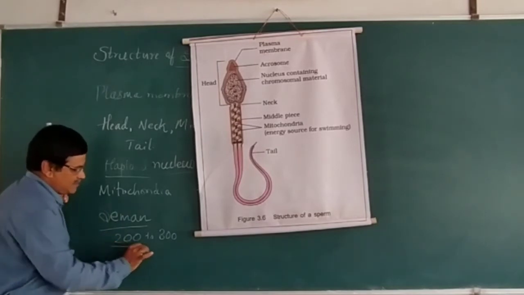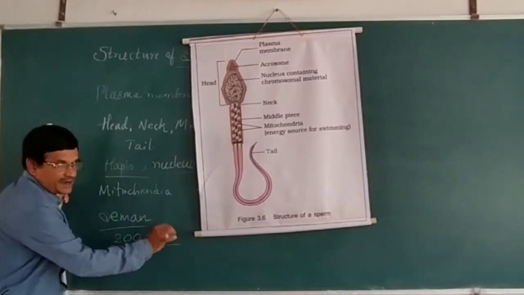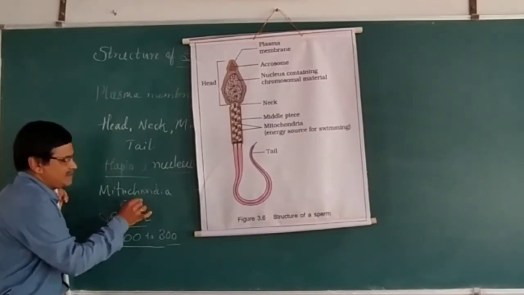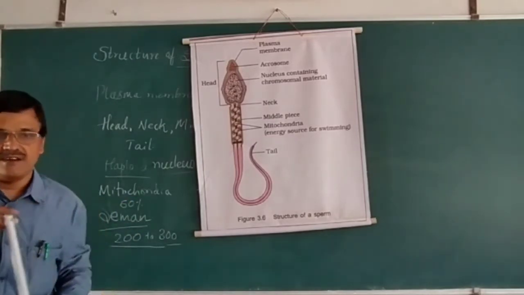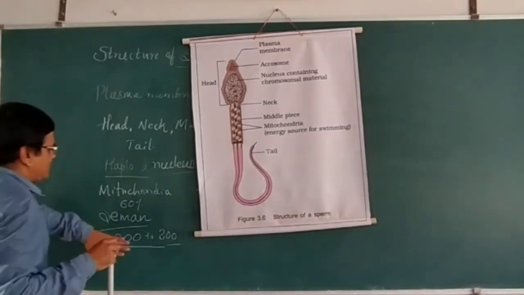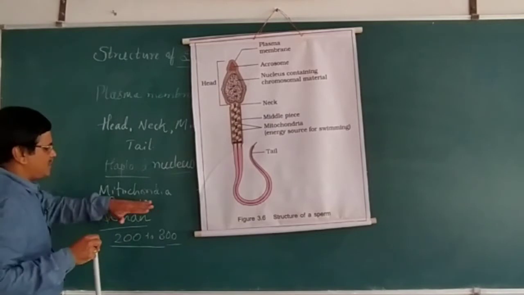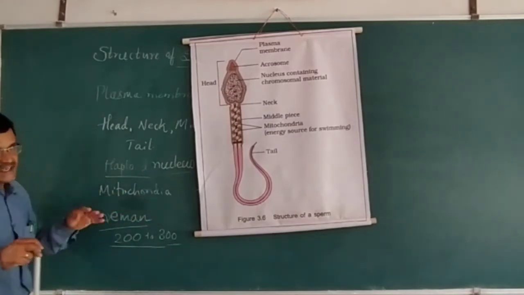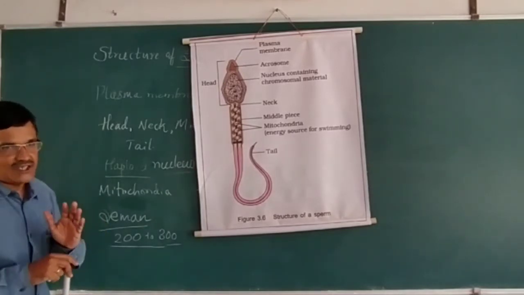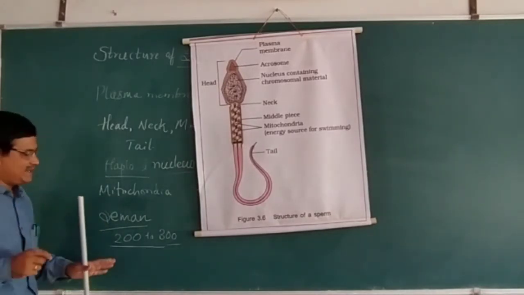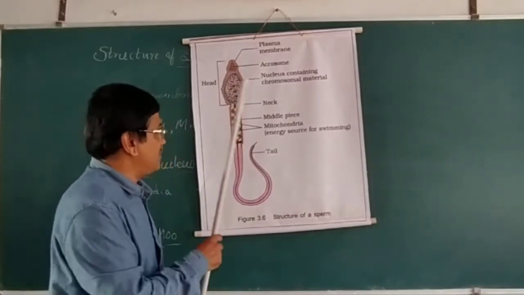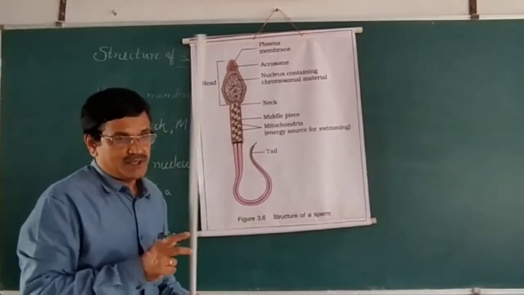Out of these 200 to 300 million sperm, at least 60% should be active, and this condition is very essential for fertilization. So this is about the structure of human sperm.